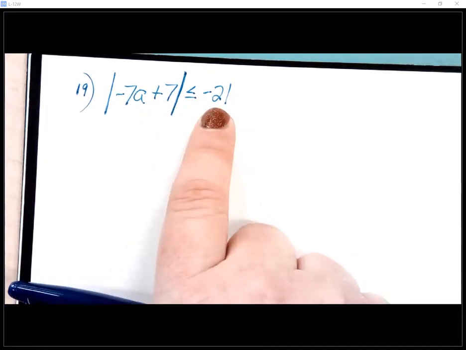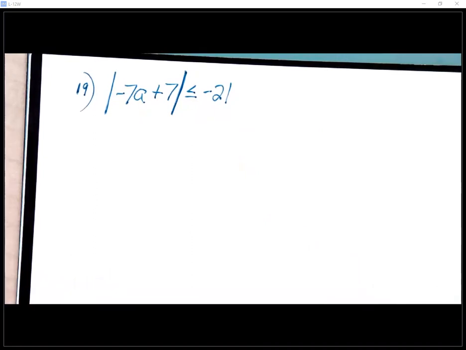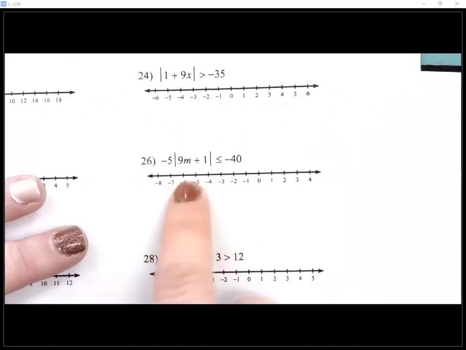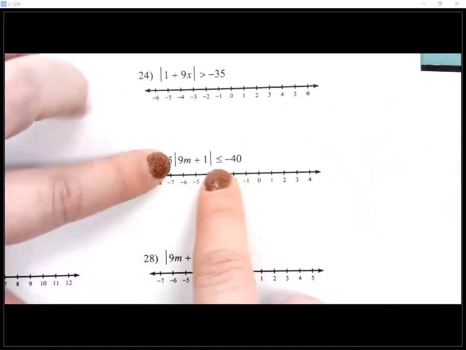It's impossible. One thing I want to caution you on, though: you've got to make sure that your absolute value is alone before you make that determination. If you look at something like number 26, at first glance you think, oh, I'll never get a number that's less than a negative.